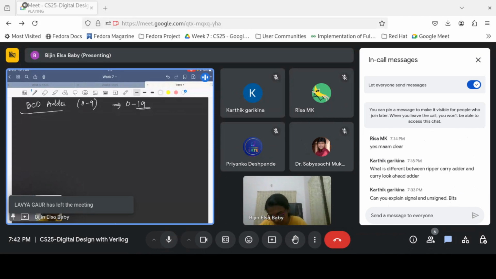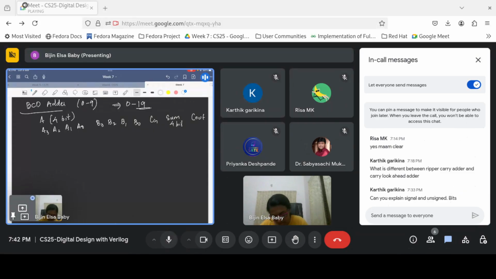So A is 4 bits: A3, A2, A1, A0. Similarly B3, B2, B1, B0. And carry in, you will have the sum that is also 4 bits, with carry out.